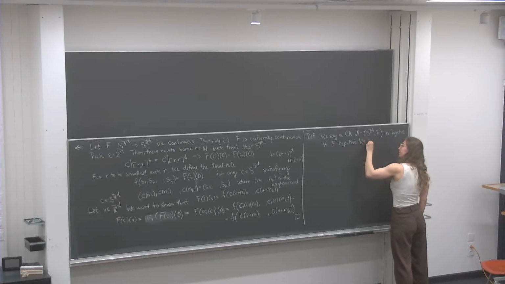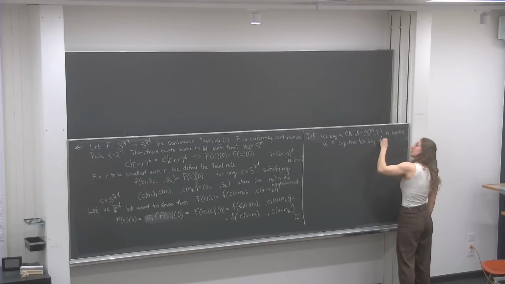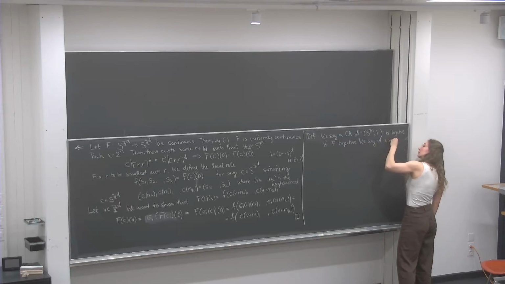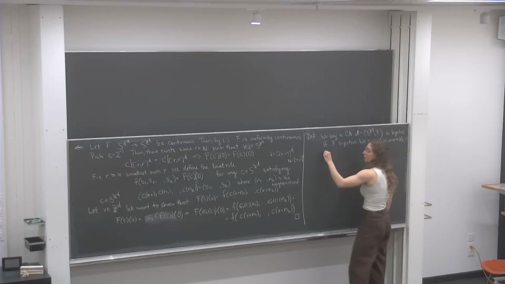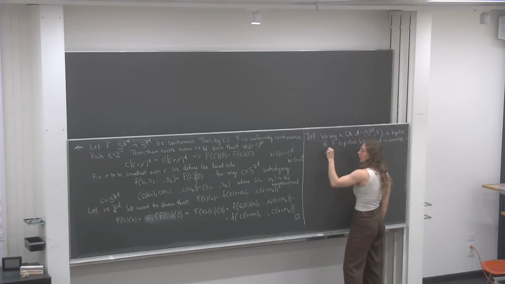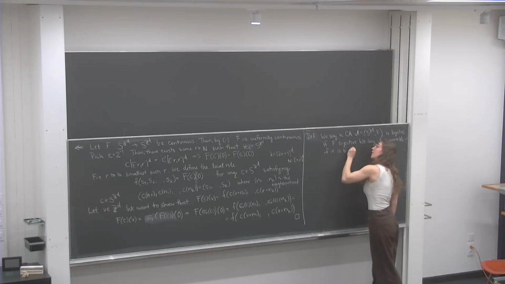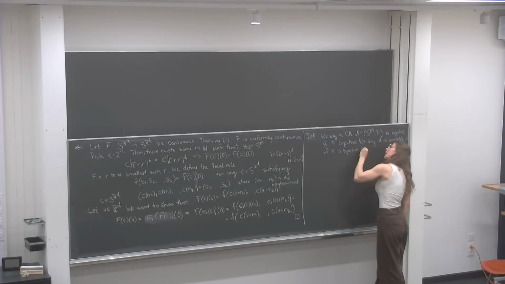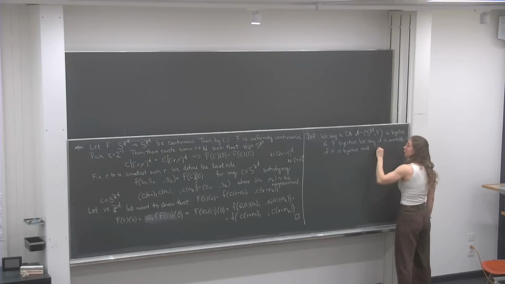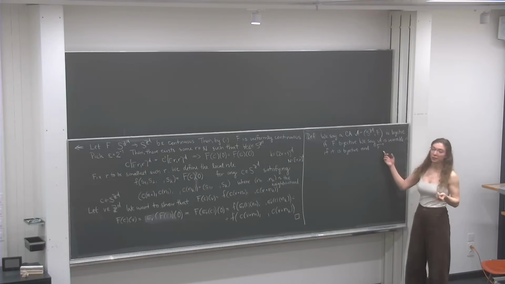We say A is reversible if it is bijective, and the inverse is again a cellular automaton.